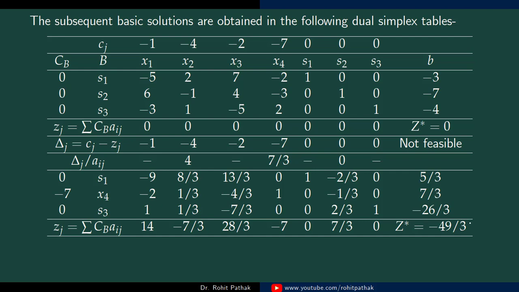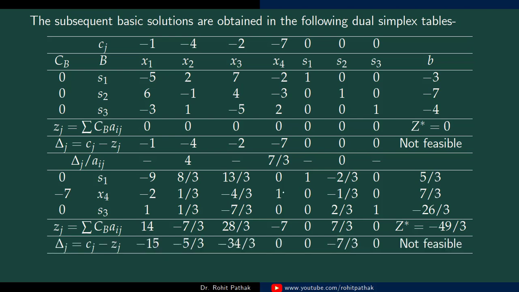Right? So again, looking at the elements, we find net evaluation. So net evaluation as before, minus 1, minus 14, minus 15, minus 4, minus 5 by 3, minus 7 by 3 will give minus 5 by 3, and so on. So this is the net evaluation. Okay.